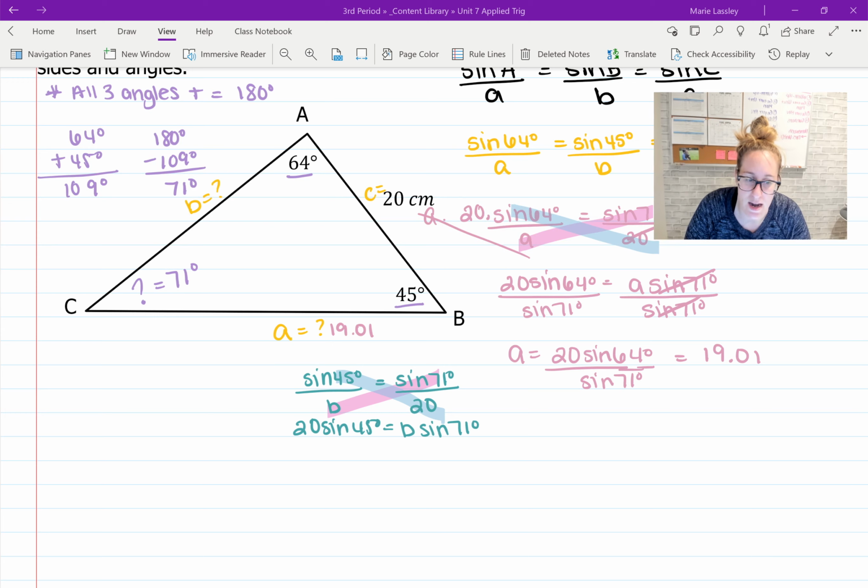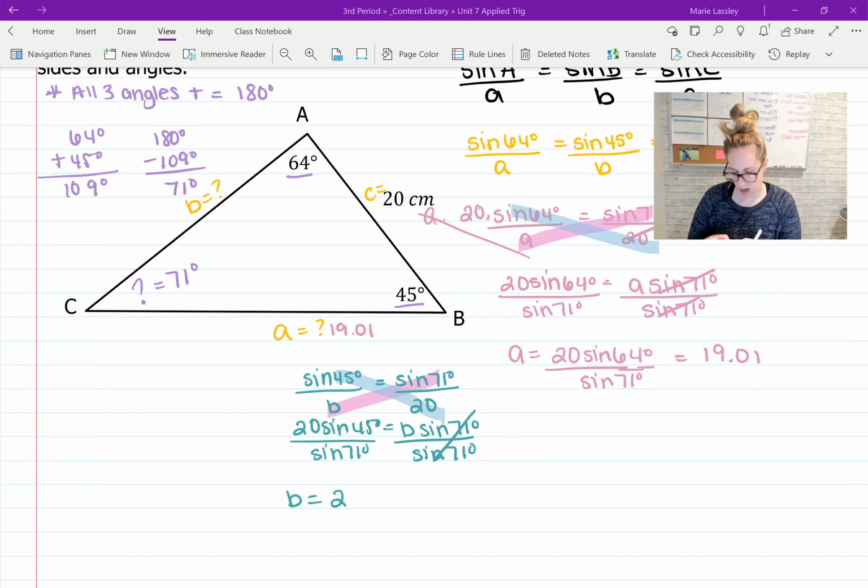Now we want to divide both sides by sine of 71. So now we're left with B equals 20 sine of 45 divided by the sine of 71. We should now be in degree mode, so we don't need to change it. We type in 20 sine 45 divided by sine 71, and this gives us 14.96.